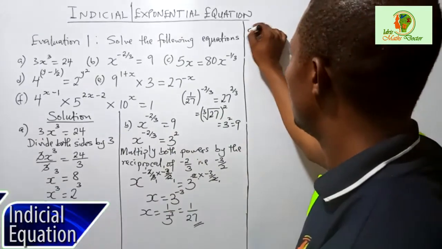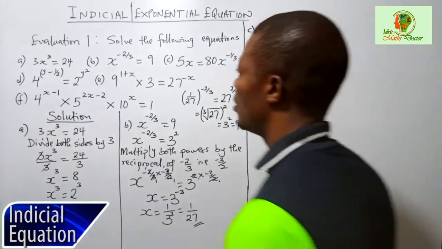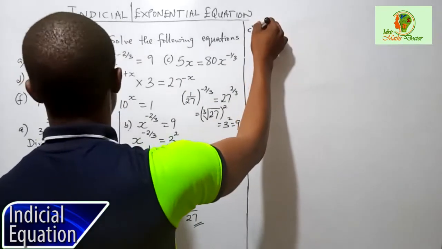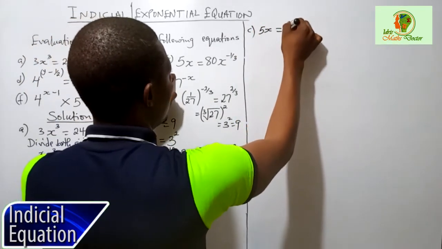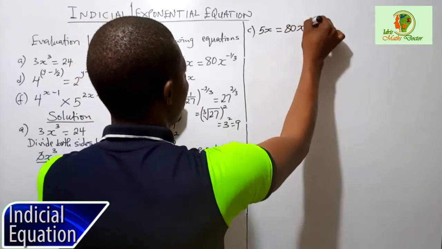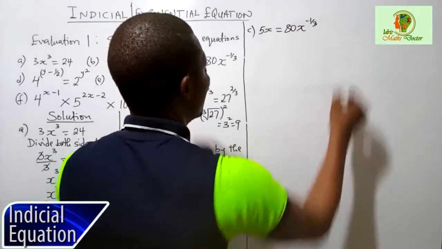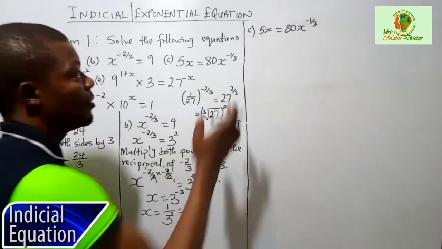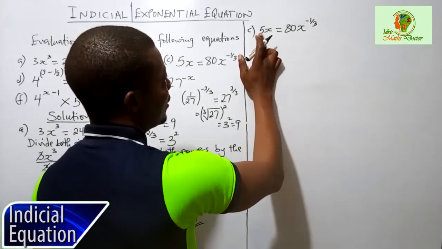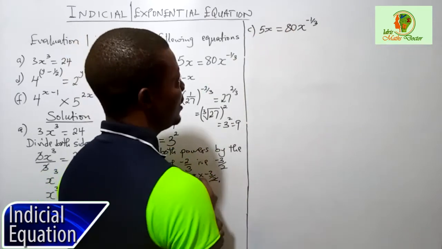Now in C, we have 5x equal 80 x raised to power minus 1 over 3. The first thing is to divide both sides by 5. 5 as a coefficient is less than 80.